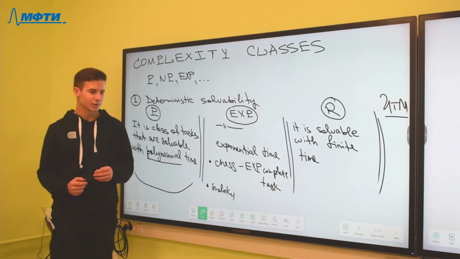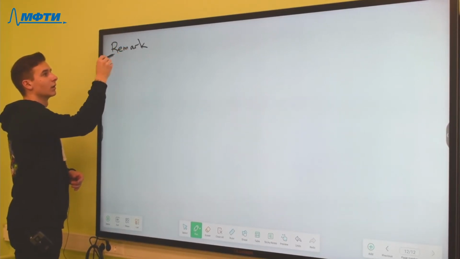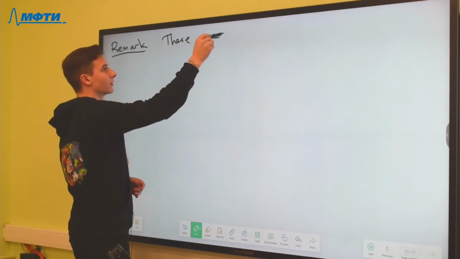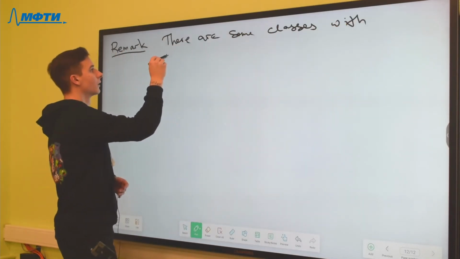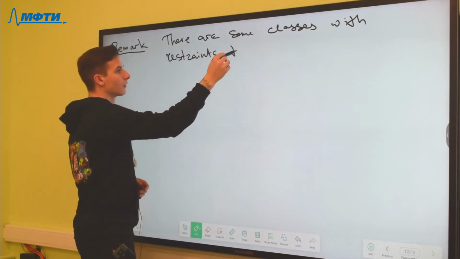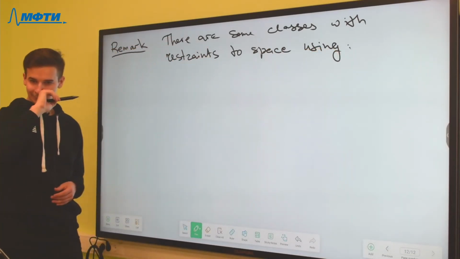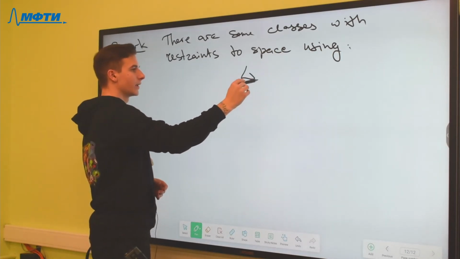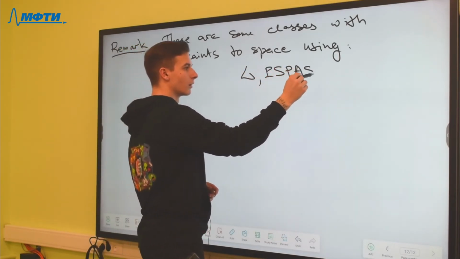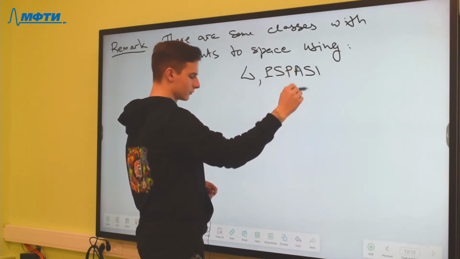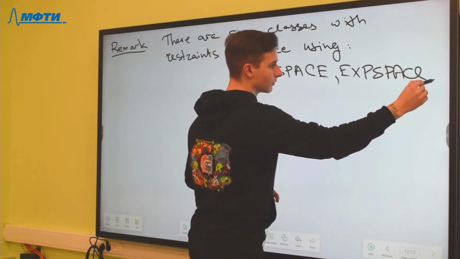We don't talk about it now, but you can write as a remark that there are some classes with restraints on space, for example L, PSPACE, sorry, EXPSPACE. Let's try.